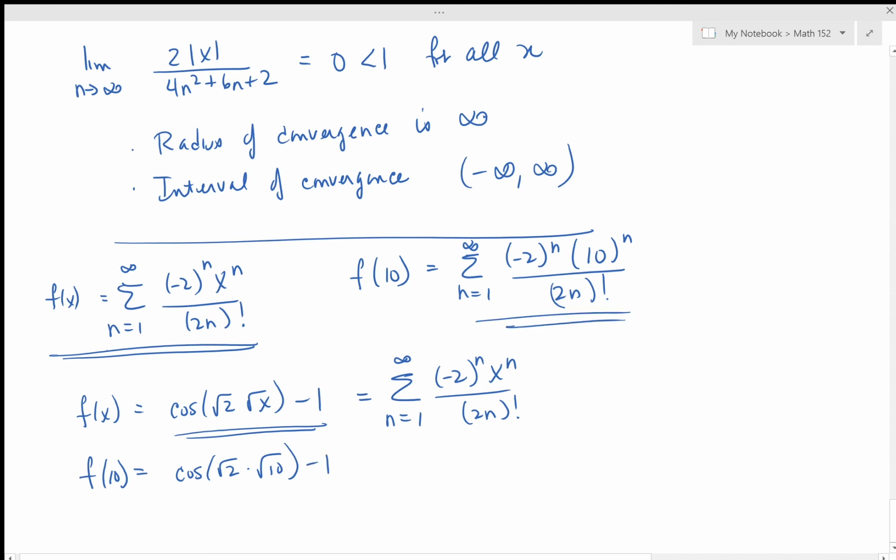I can put in 10 there. I could add up, for example, the first 1,000 terms and get an approximation. So you could see, for example, in your calculator, you could in fact have an infinite series formula for the cosine. And when somebody enters cosine of something, what do you do then?